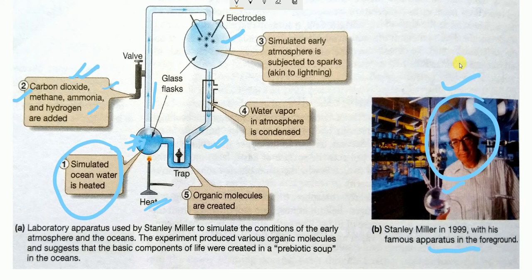The water vapor in the atmosphere condenses and falls down as raindrops, and here we have a trap. In this trap water, organic molecules such as amino acids, for example, are created. And from these organic molecules, life originated.